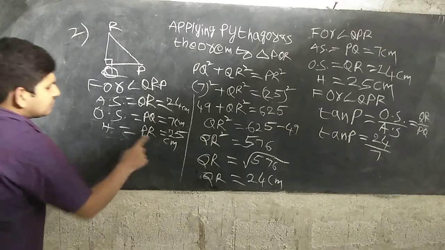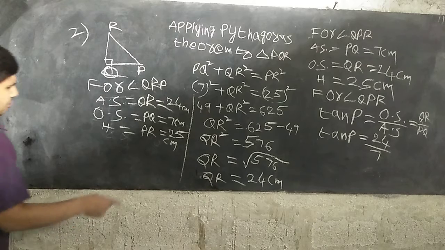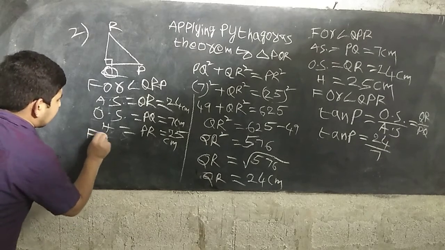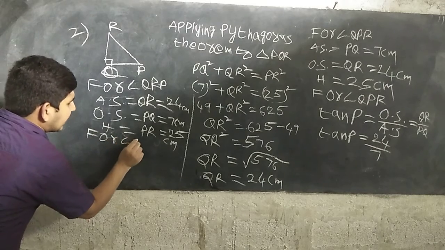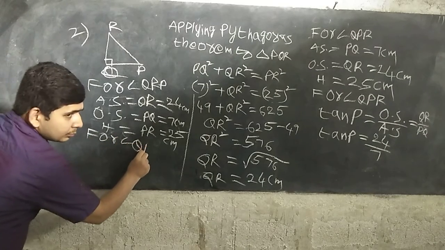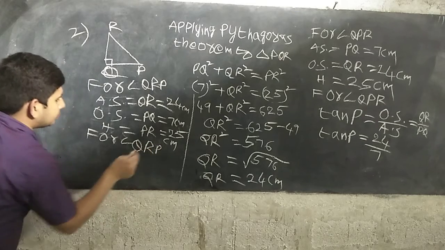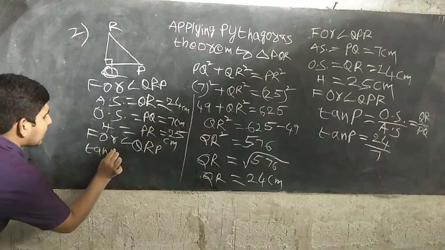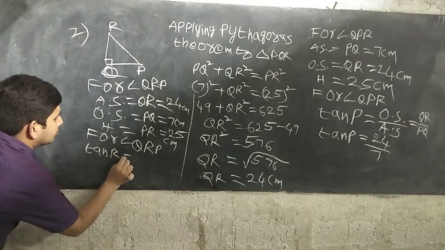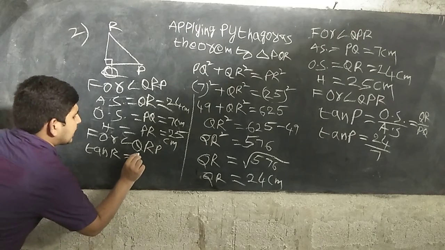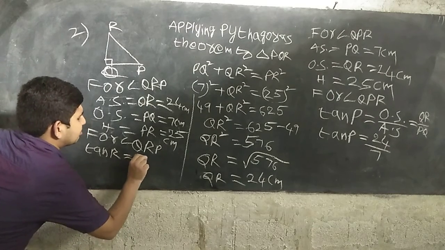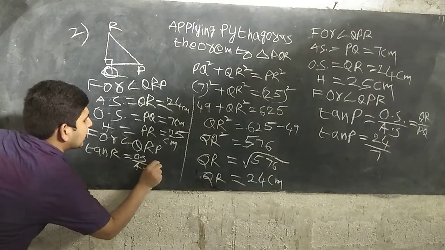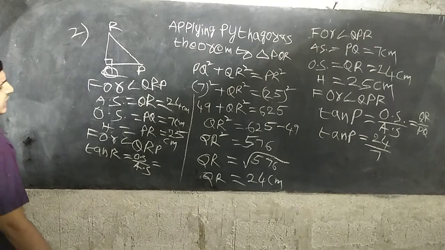Now, hypotenuse of PR equal to 25 centimeters. Now, for angle QRP, tan R equal to opposite side by adjacent side. Equal to what is opposite side?